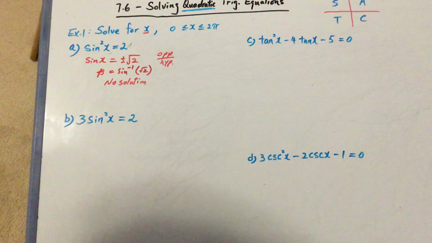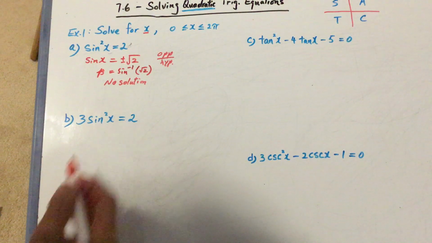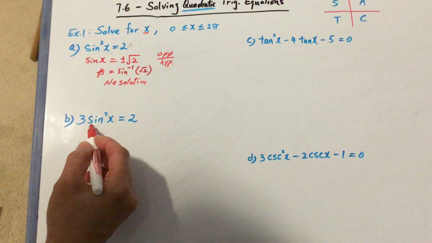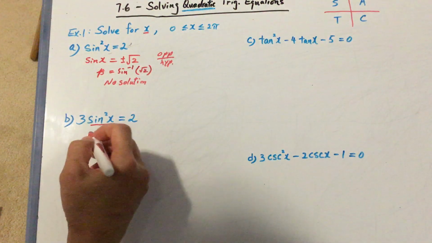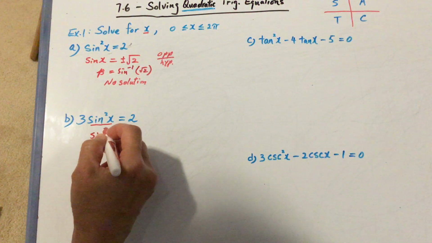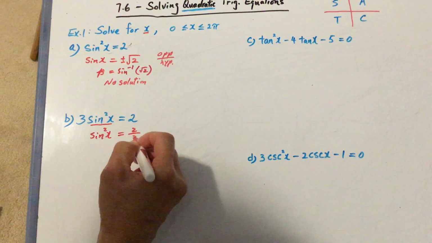So we continue on with example 1b, where you have 3 sine square x equal to 2. Again, we're going to isolate the sine square x. Step 1, you get rid of the 3, so it becomes 2 over 3.